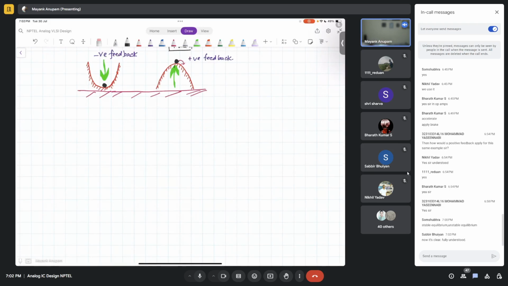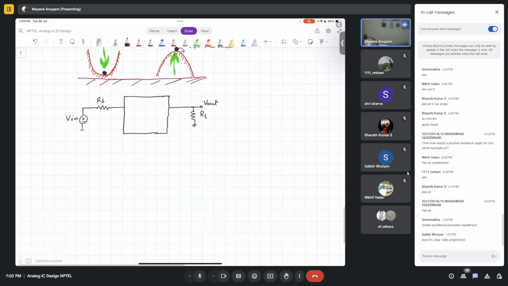So what do you want to achieve? You have an input voltage, and you have some RS, and you have a block here, and then you have some RL. What was this thing?